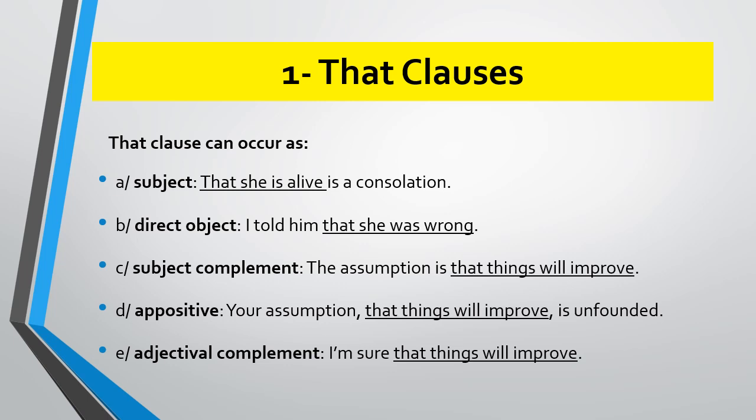This sentence and the first one have the same pattern, N and intensive verb and N noun. Appositive اللي هو البدل, your assumption that things will improve is unfounded. So that things will improve is the appositive sentence.